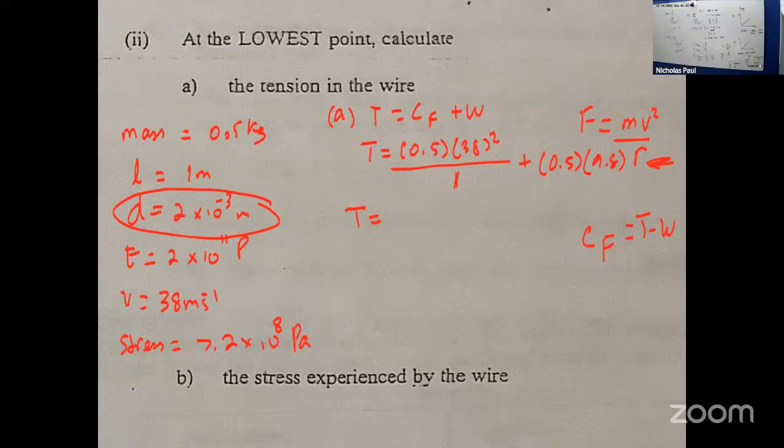How much is that? 722. Yes, 722. Next part: you have to add the 4.9.